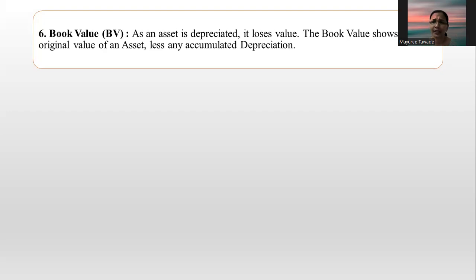When we say written down value method, the amount doesn't remain fixed. The amount keeps on changing in the WDV method, that is, the written down value method. How does the amount get changed? Again we'll take the same example of 10 lakhs. This year, charging 10% depreciation on it would be 1 lakh, and the balance remaining is 9 lakhs.